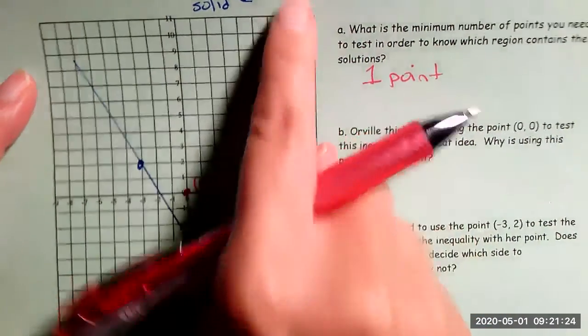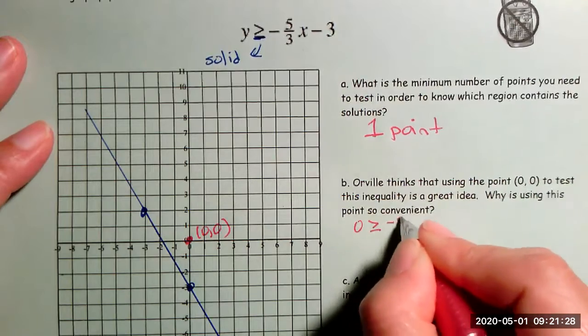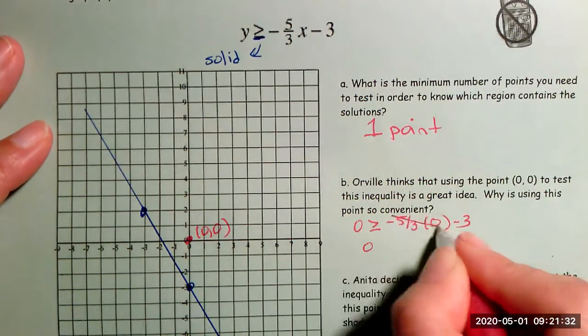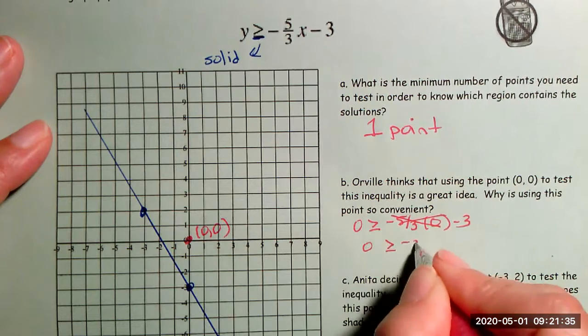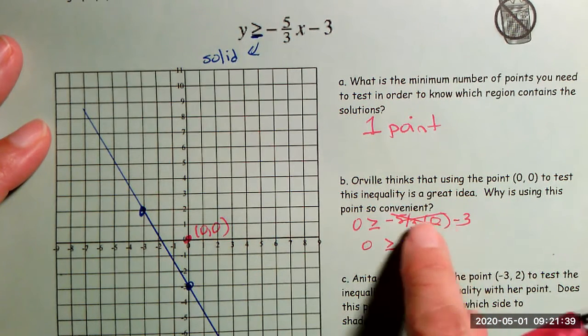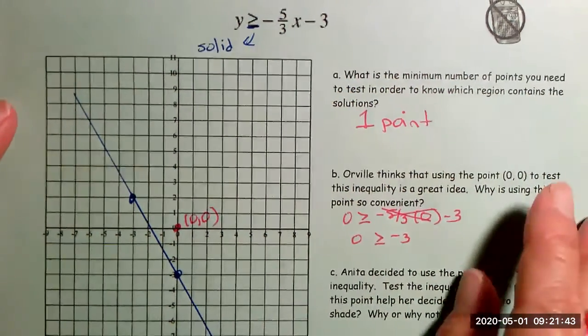We always go back to the original inequality. So 0 greater than or equal to that. And we end up with, why was I able to do that? Well, that's because when you multiply by 0, it goes away. So it makes this arithmetic a little bit easier.